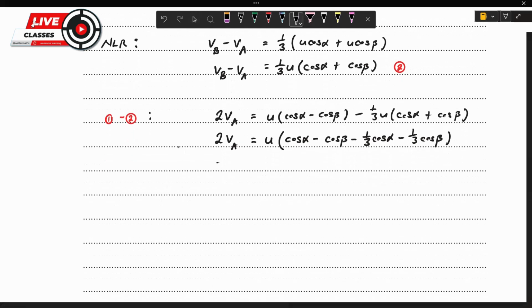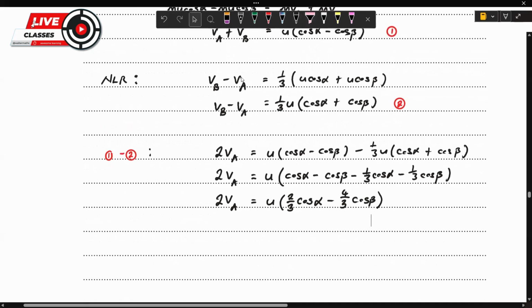So that's 2VA being equal to U of cos alpha minus a third cos alpha, which is 2/3 cos alpha, and then minus cos beta minus a third cos beta, which is minus 4/3 cos beta. Okay, so this is what we have.